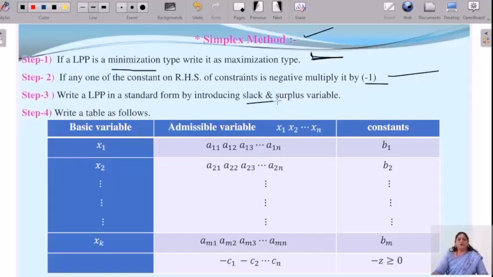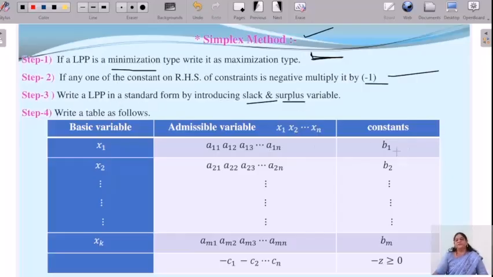You already know about the slack and surplus variable. Then write the table as below. First column contains the basic variable x1 to xk, then admissible variable x1 to xn. Admissible variable means which you admitted into LPP while converting the given LPP into standard form.